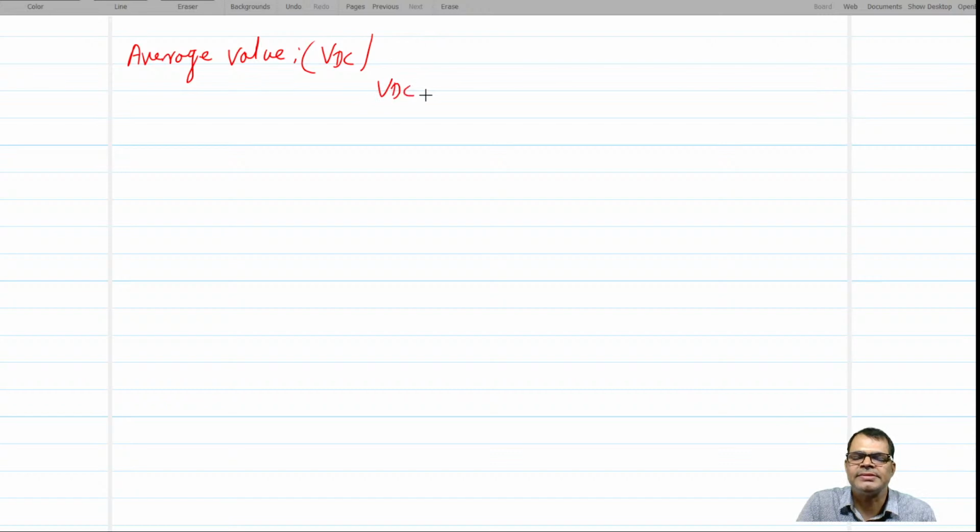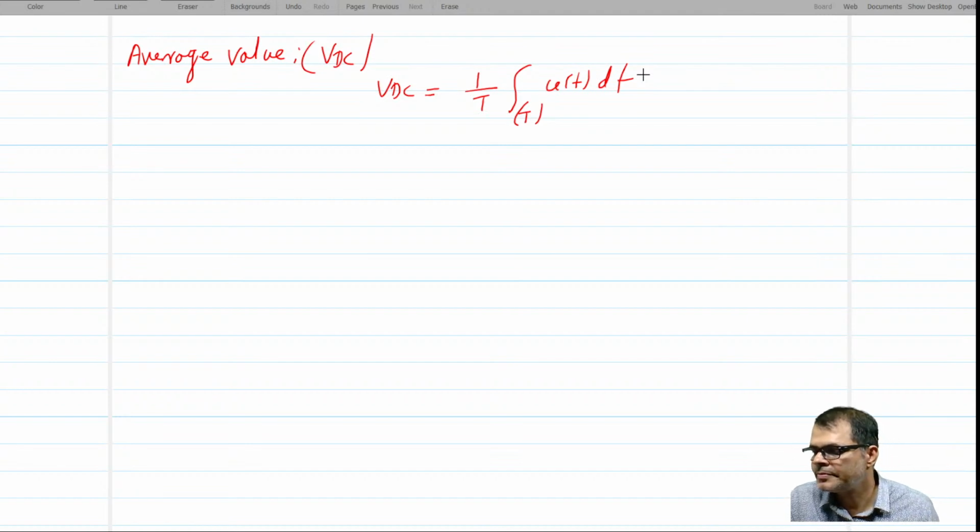VDC is equal to 1 upon T, integration over a period, v(t) dt. Let us calculate it for the sinusoidal wave.